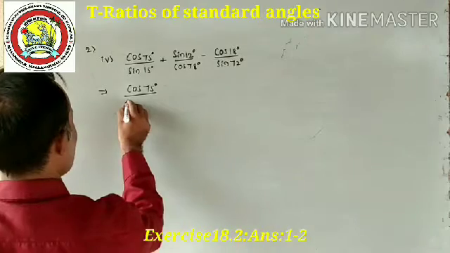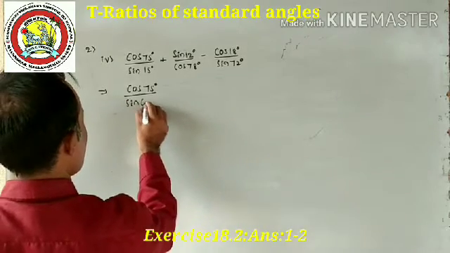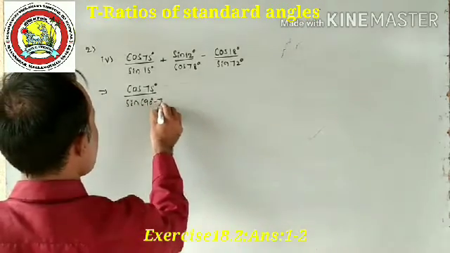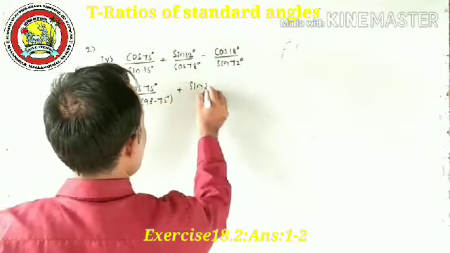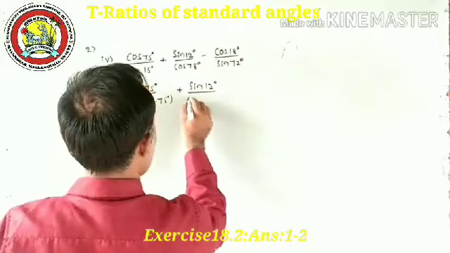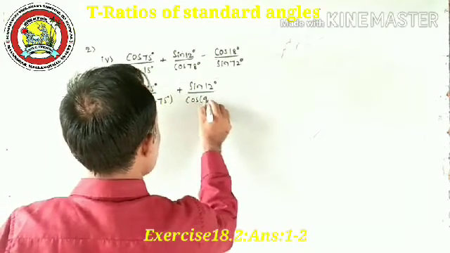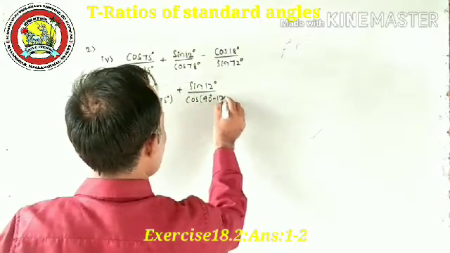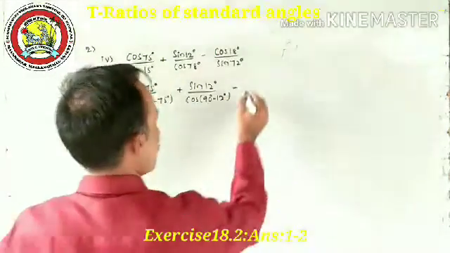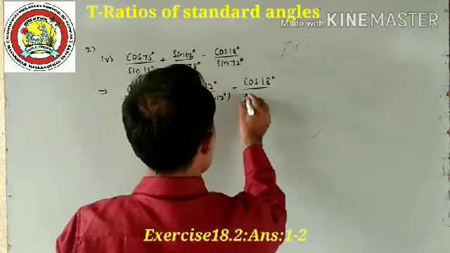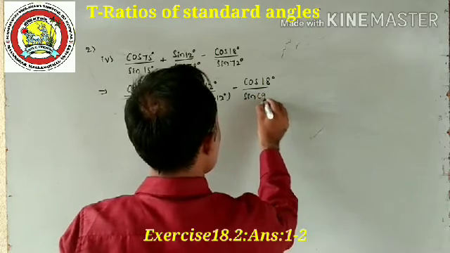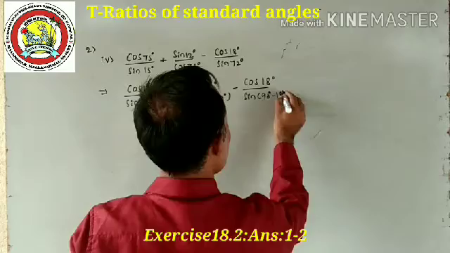Cos 75 as it is. Sine 15 can be written as sine (90 minus 75) plus sine 12 as it is. Cos 78 can be written as cos (90 minus 12) minus cos 18 as it is divided by sine 72, that is sine (90 minus 18 degrees).